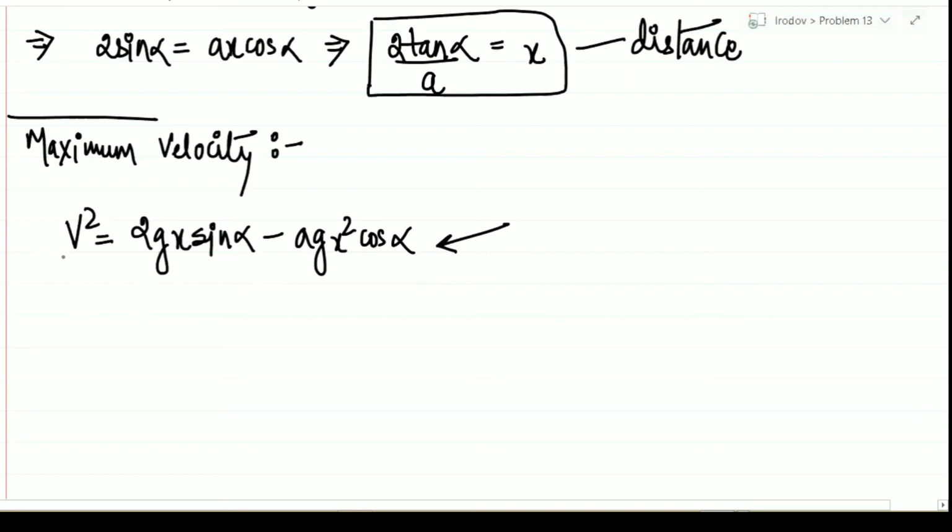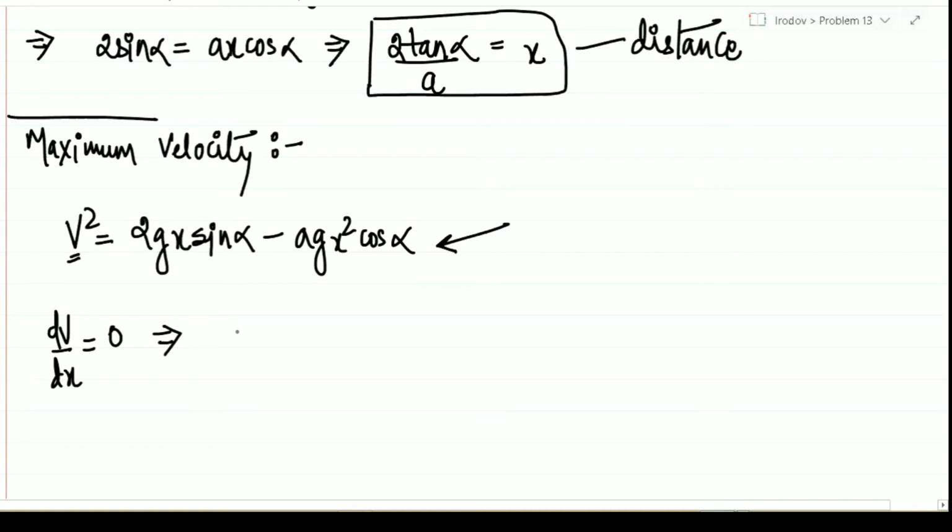Now, for velocity to be maximum, the differentiation of this velocity with respect to x must be equal to 0 at some value of x. And we are going to find that value of x first.